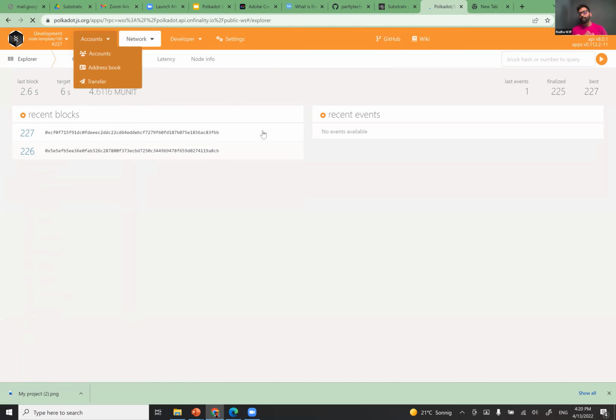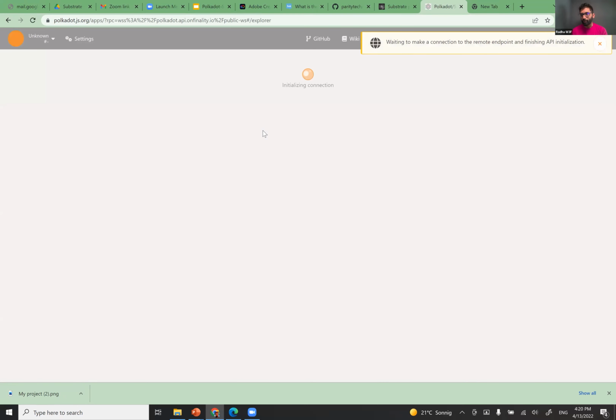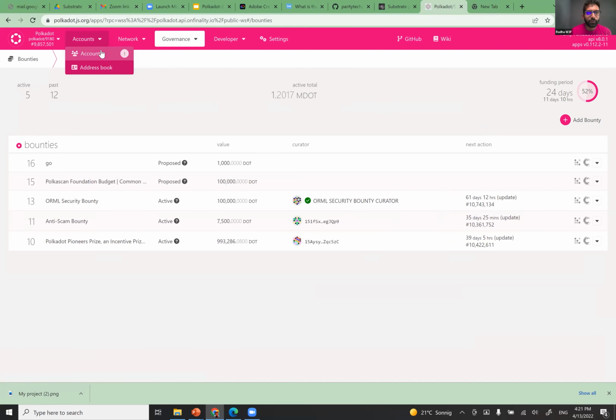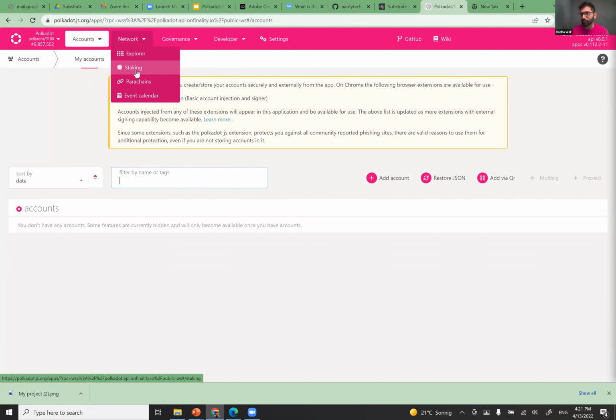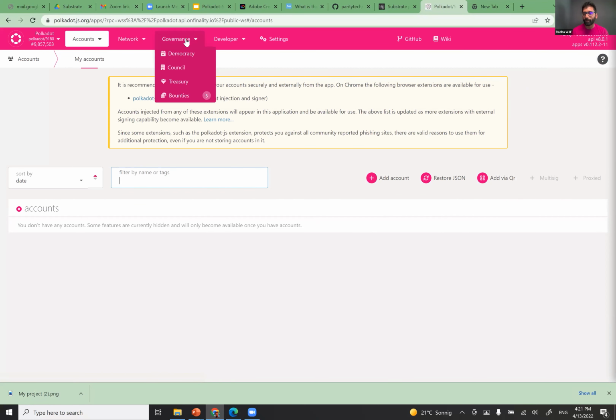So let's see what you would see on Polkadot governance. So democracy. Yeah, right now we don't have anything. If you had a bunch of accounts here and you have a DOT balance, you can participate in network staking, and with the same DOTs, you should be able to participate in governance as well.